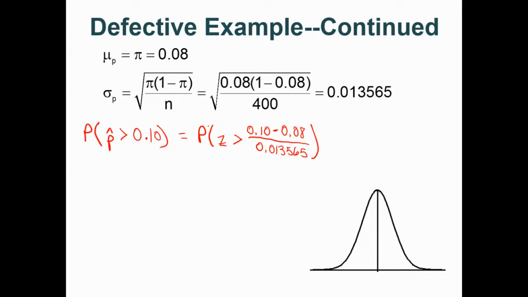So if I calculate this, what would I get? Probability that z is greater than 1.47. Now, does my table give me the probability that z is greater than something? No. It gives me less than. What do I have to do to this value? 1 minus, that's right.